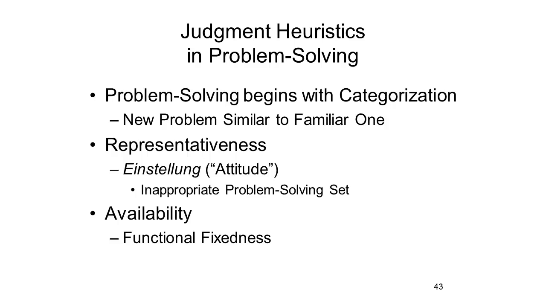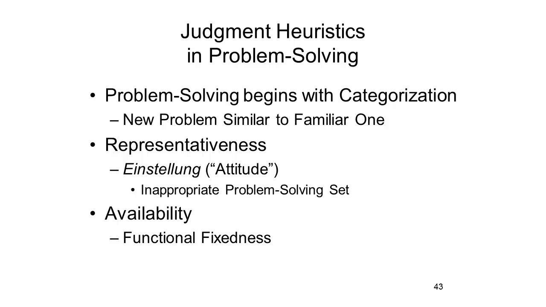But categorization in problem solving shares all the difficulties inherent in categorization in general. For example, people often approach problem solving through the representativeness heuristic, judging the best solution to a problem based on its superficial similarity to some other problem. And this can lead to a phenomenon known as Einstellung.